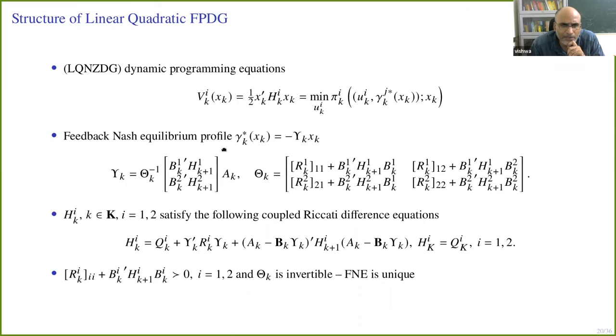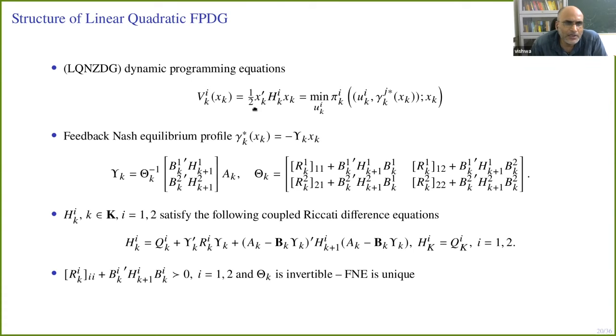Then the feedback Nash equilibrium profile is given by this formula, and theta k is given by this matrix, where this means the 1 block of R^k_1, this means the 2 block of R^k_2, this is the 1-2 block of R^k_1 and the 2-1 block of R^k_2. That's the meaning; it's a submatrix.